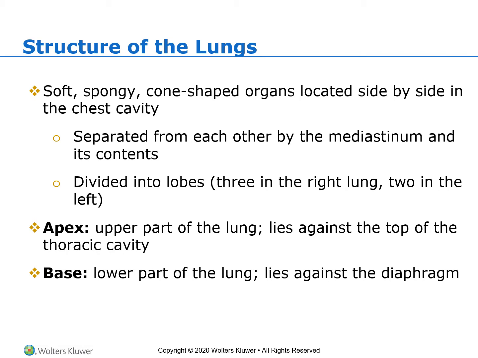The lungs' apex is the upper part, right here near your clavicle. And the base is the lower part of the lungs, and that's where you say basilar atelectasis, they're talking about the one down near the diaphragm.